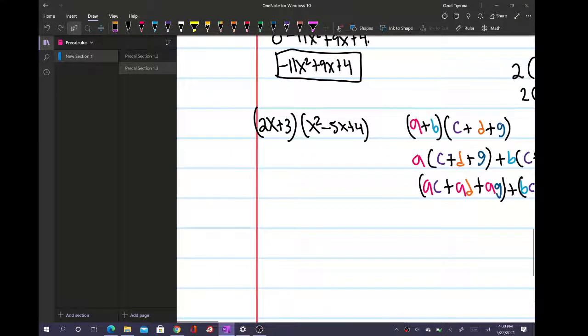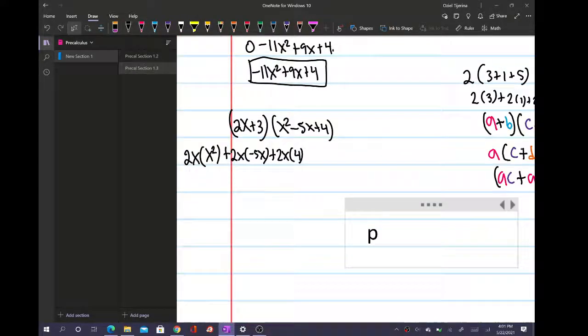So looking at this product here, we have 2x times x squared plus 2x times negative 5x plus 2x times 4.